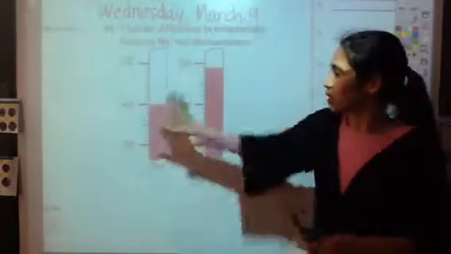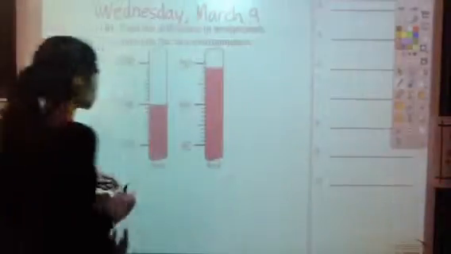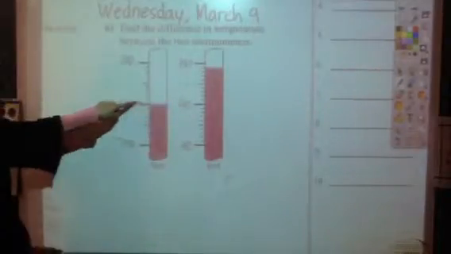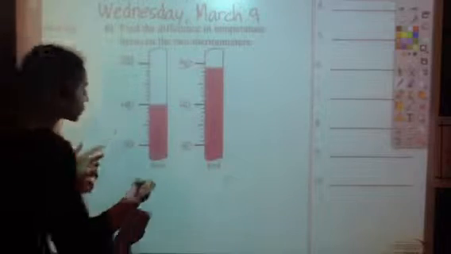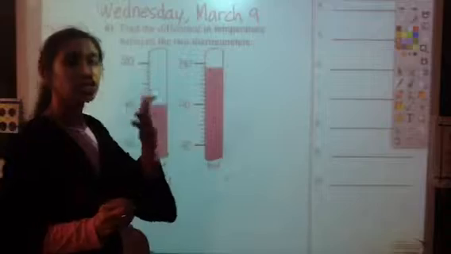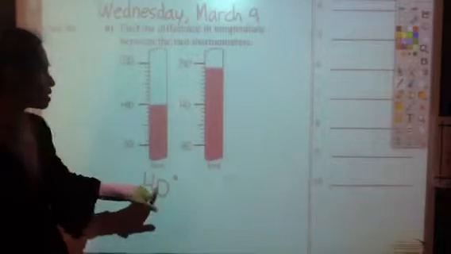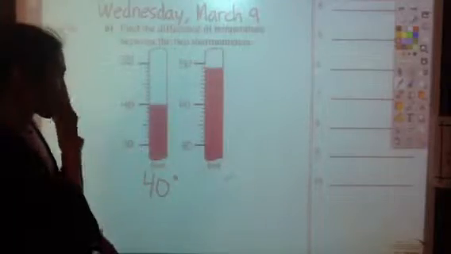Okay? So, let's look at this first thermometer. What is the temperature of this first thermometer? Oh, it's right there exactly on the what? On the 40. And what's the unit for temperature? Degrees. And we draw a tiny little dot right there for degrees. Now what about this one?